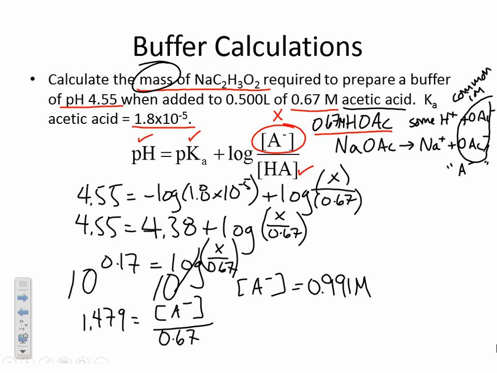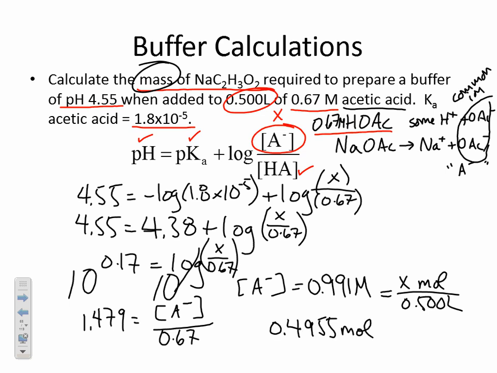But we don't want the molarity, we want the mass. So now we have to pull in the other number the problem gave us, which is the 0.50 liters. We want mass, and we can get mass from moles. We don't have moles right now, but we do have molarity, and it's going to be equal to X moles over 0.500 liters. When we solve that, we get 0.4955 moles of acetate.